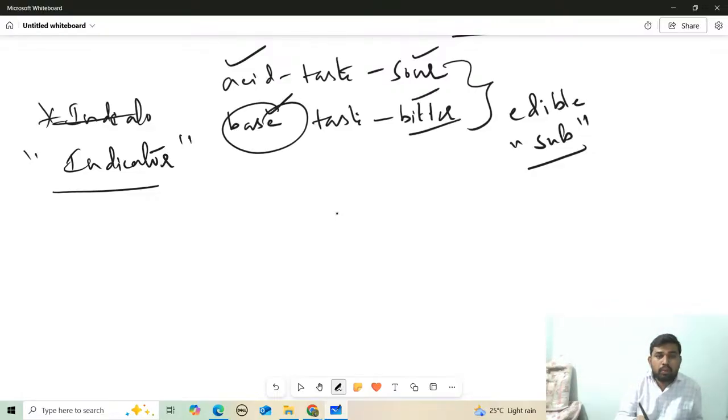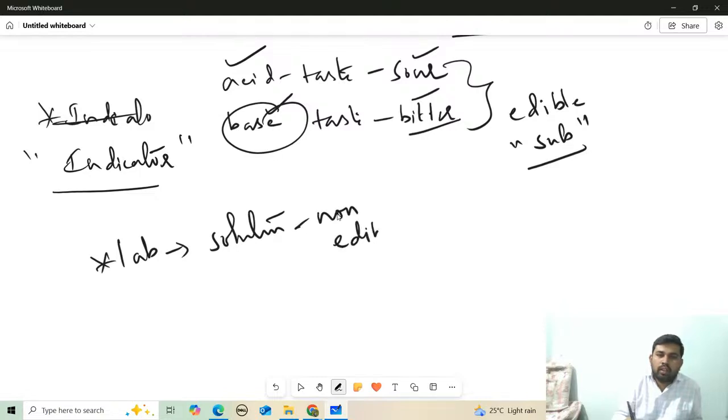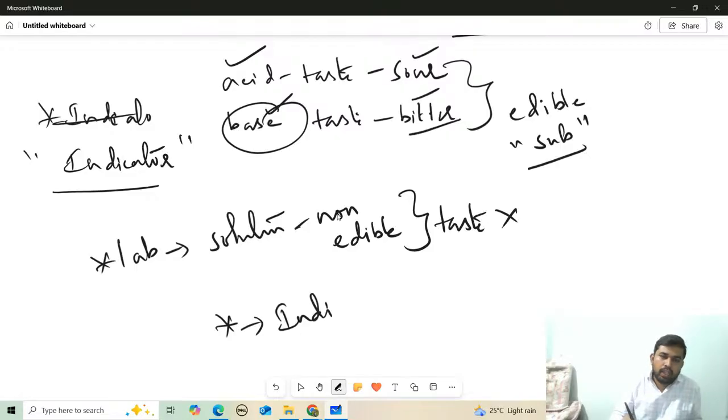Now suppose in the lab there are some solutions that are non-edible. Is it possible to know the taste? It is not possible. So in those cases, to identify them, we use something called an indicator. So what do you mean by indicator?